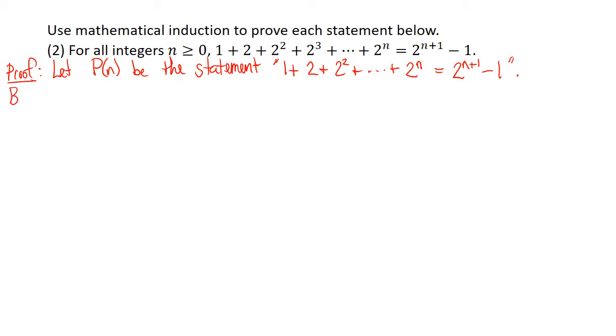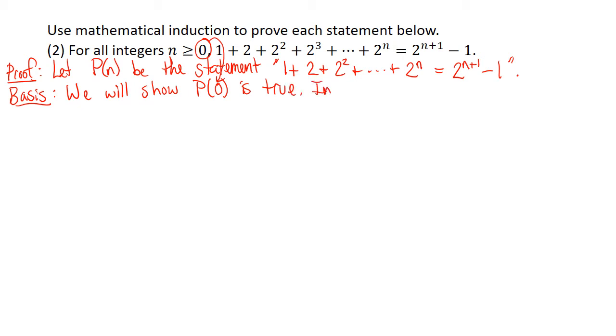Now I'm going to do the basis step. So for the basis, we will show that P of, this time it's going to be P of 0, because that's the value that was in the inequality there. So we will show that P of 0 is true.